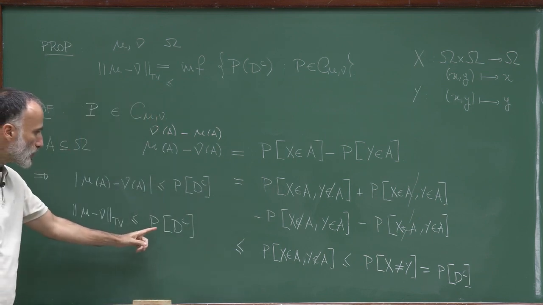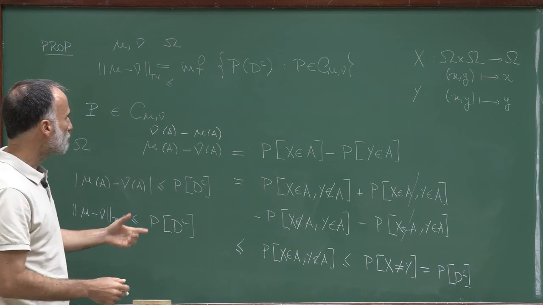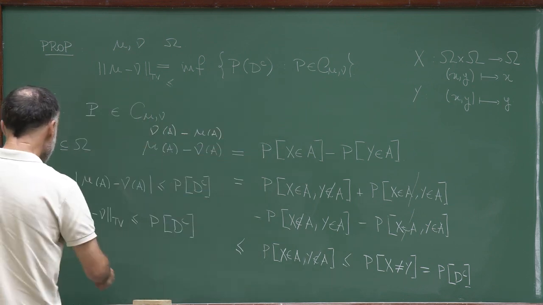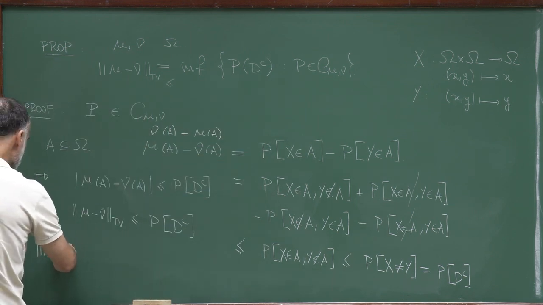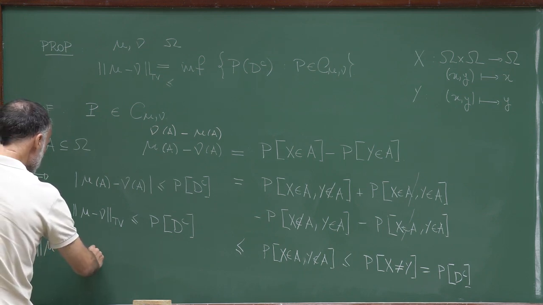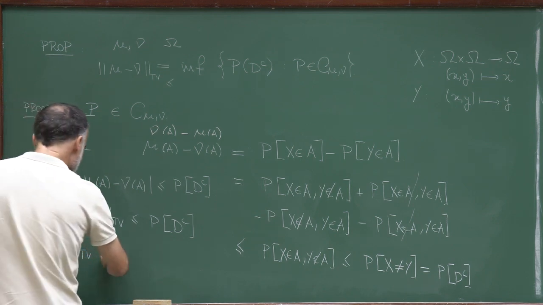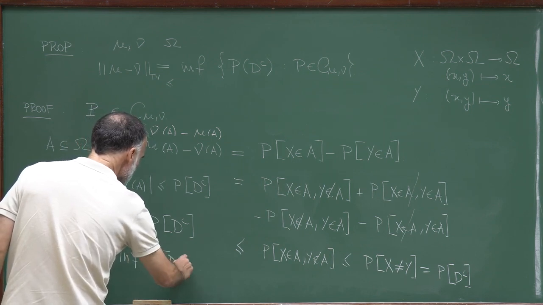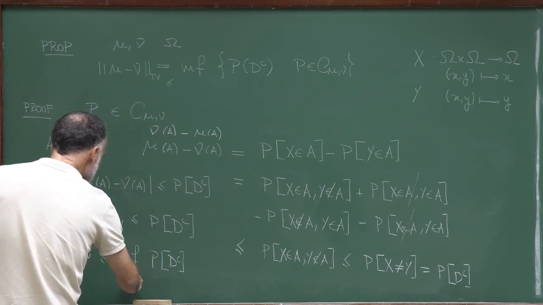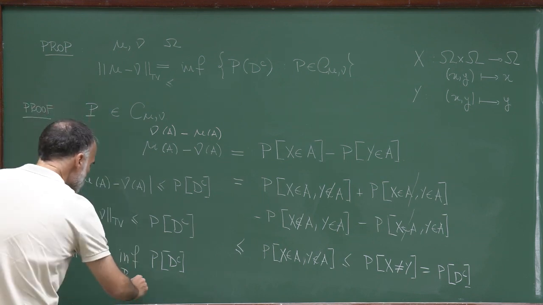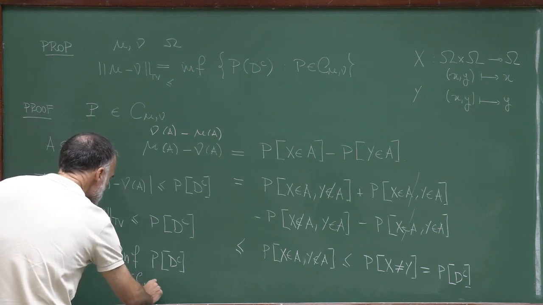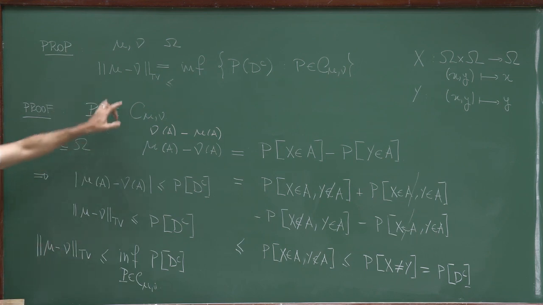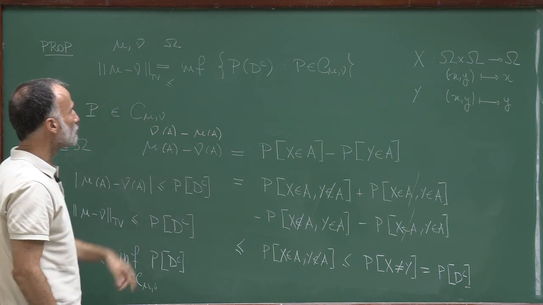And since this inequality holds for all probability P, which is a coupling between mu and nu, I can minimize over that to conclude finally what I claimed before: the total variation distance between mu and nu is bounded by the infimum of the probability of the complement of the diagonal, where I'm taking here the infimum over all probabilities which are couplings between mu and nu. So this proves indeed, as I claimed before, that this total variation is bounded by this infimum.